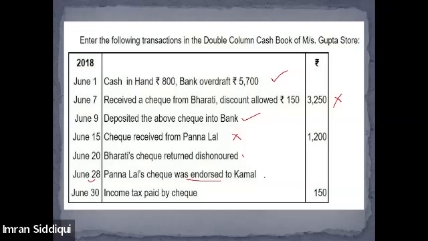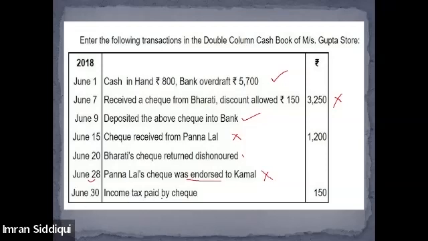So this particular event is of no relevance from the cash book point of view. We don't have to record this in the cash book. There will be no impact in the cash book, neither on the debit side nor on the credit side. Understood, everyone? So June 28 is not going to affect the cash book in any manner.